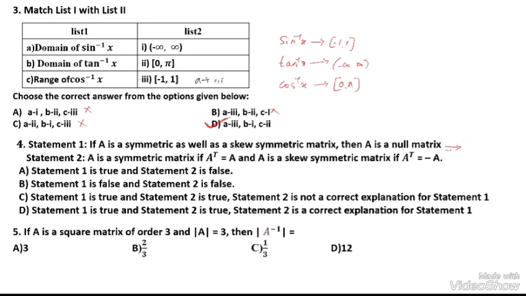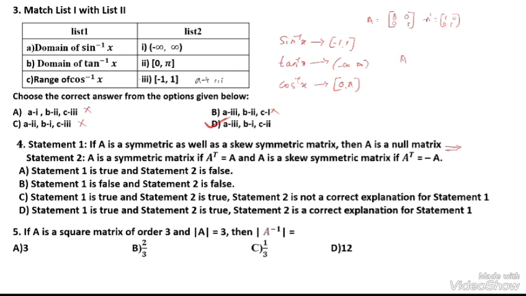Yes, the statement is definitely true. Let me consider the null matrix.